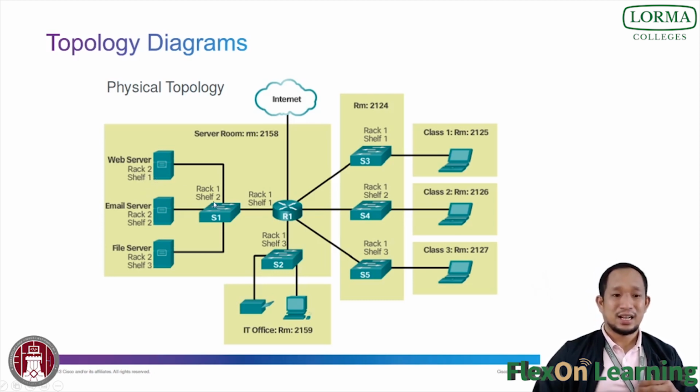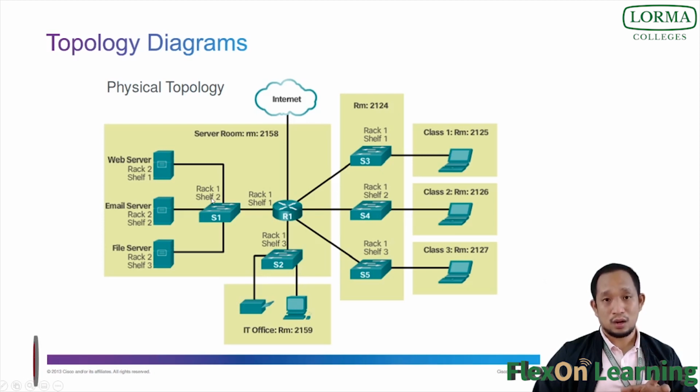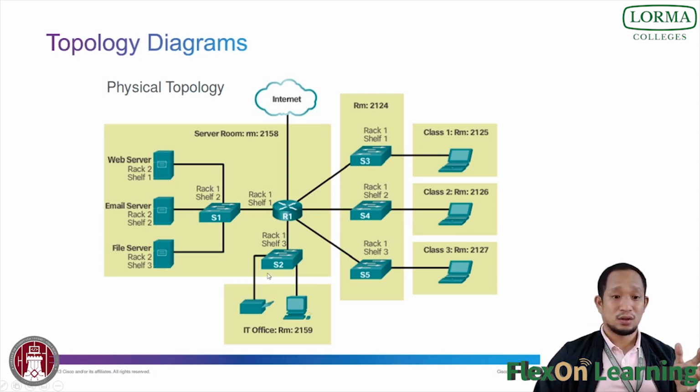This declares where the connection or the hardware is placed in a physical manner. So you could automatically know where you're going to check the hardware of your web server. Same with your switch, your router, your computers. For this example, it's from IT office room 2159, and you can see on the other ends it's almost the same. That's for physical topology.